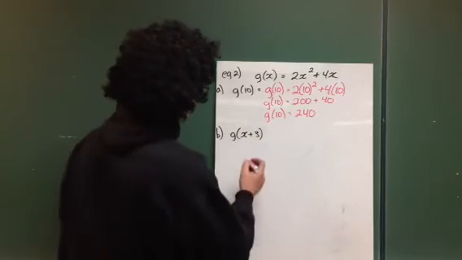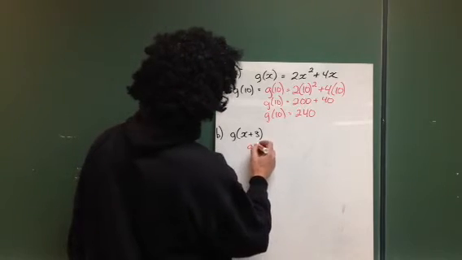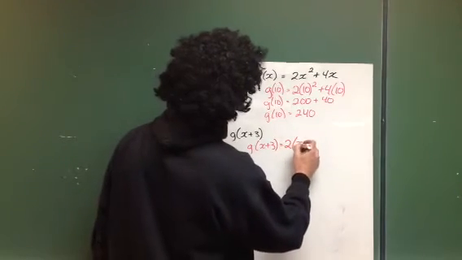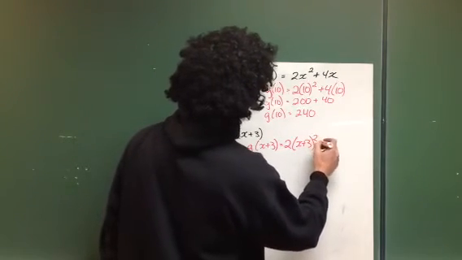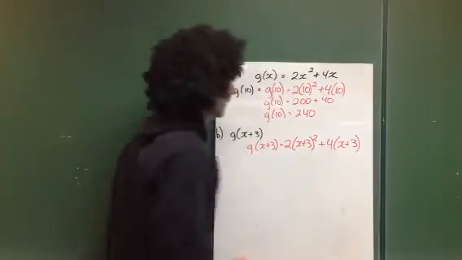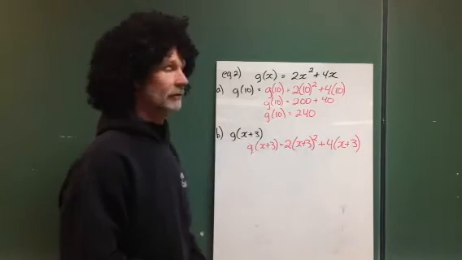But if we have a binomial to input, g of x plus 3 equals 2 times x plus 3 squared plus 4 times x plus 3. First we have to do our exponent before we do our multiplications.